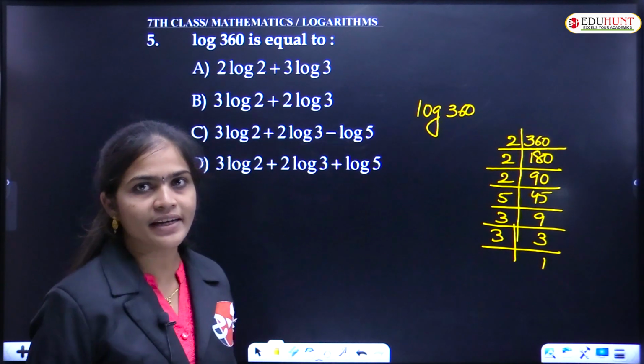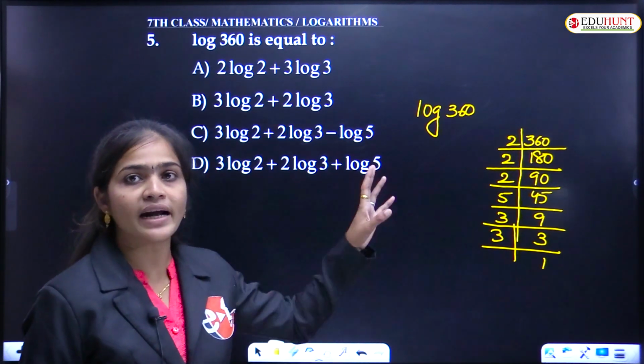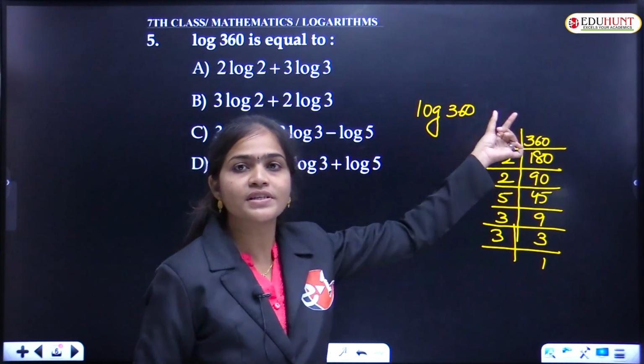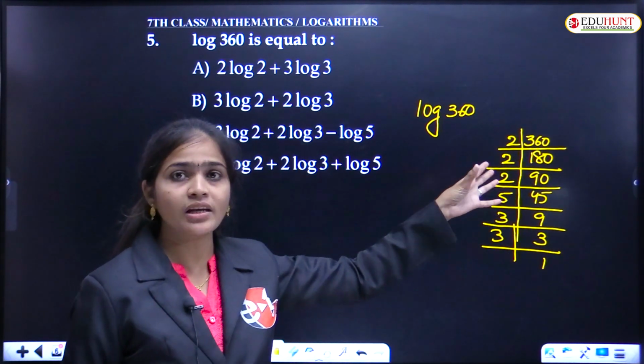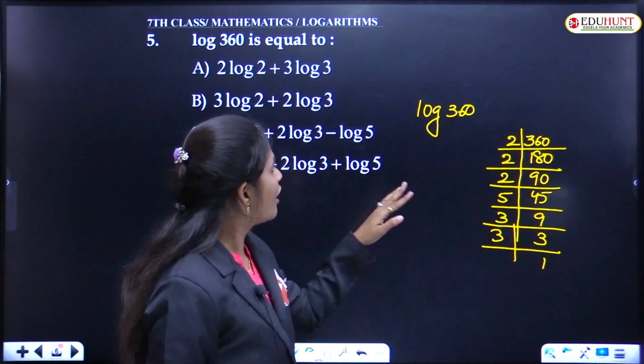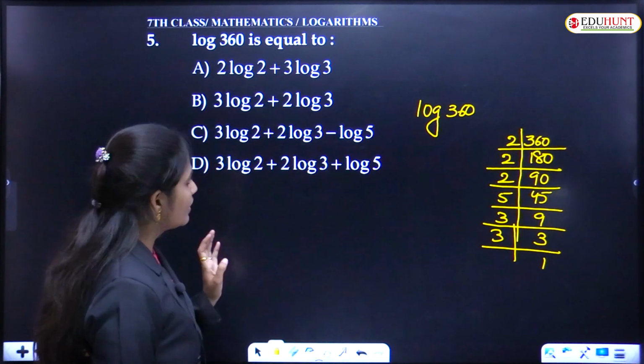So what is this? The prime factorization. For any number, first we need to write the prime factorization. After that, convert them into powers. After powers, we apply the law last.